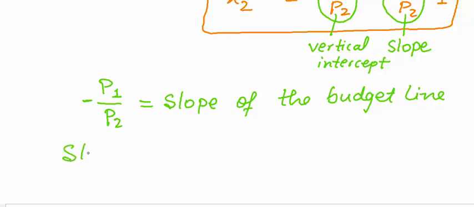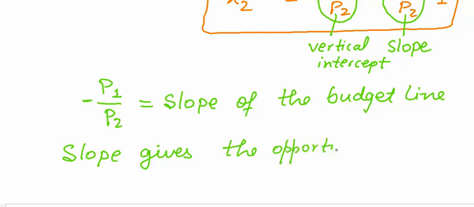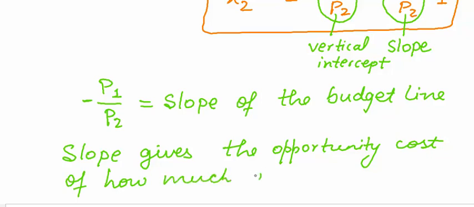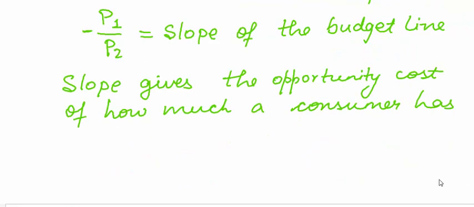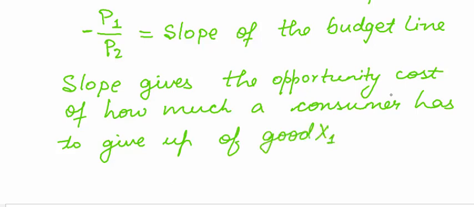Here, the slope of the budget line gives the opportunity cost of how much of good X1 a consumer has to give up in order to get one more unit of good X2.